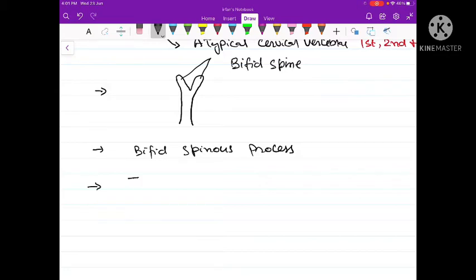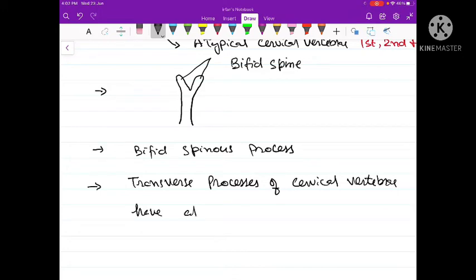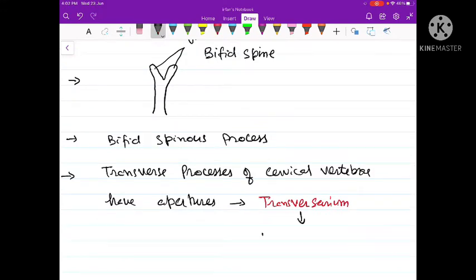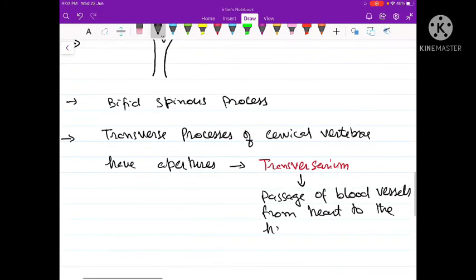So, the transverse processes of typical cervical vertebrae have apertures, and those apertures are called the transversarium.